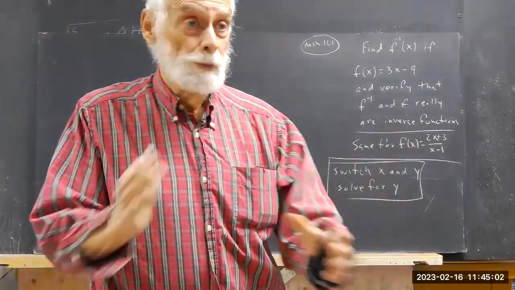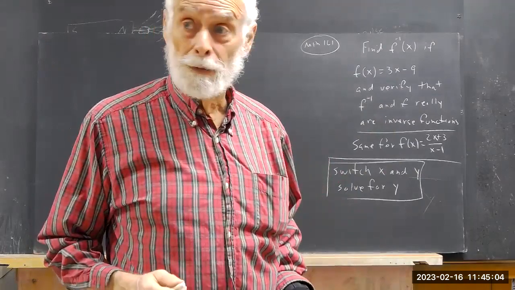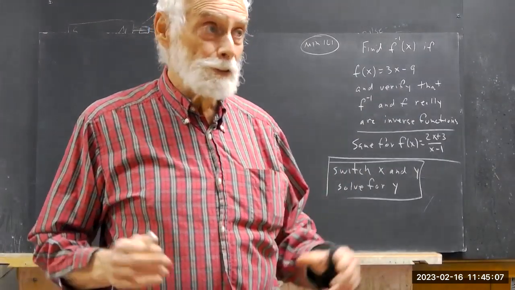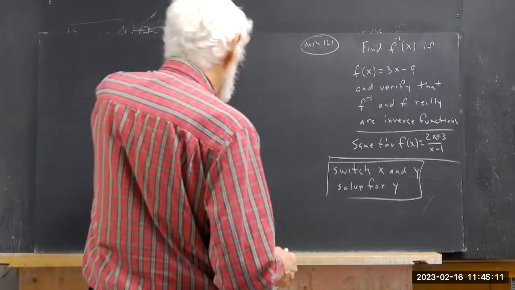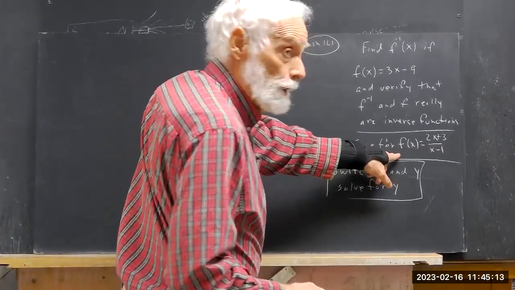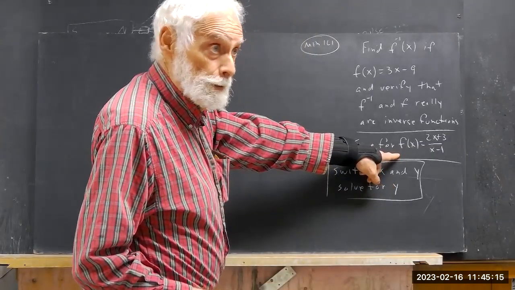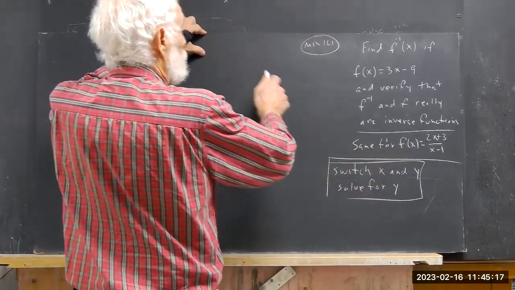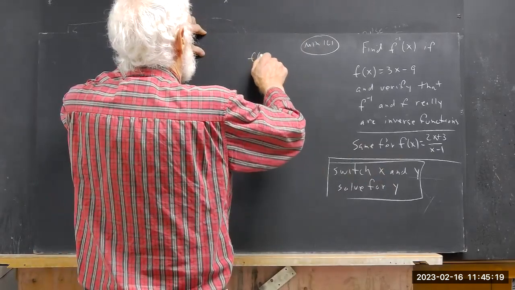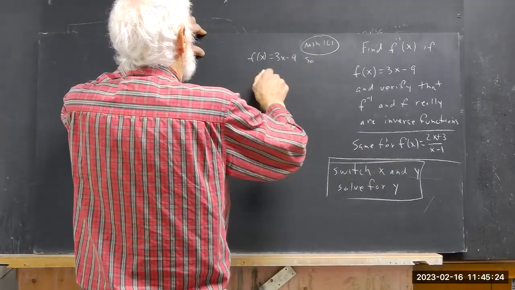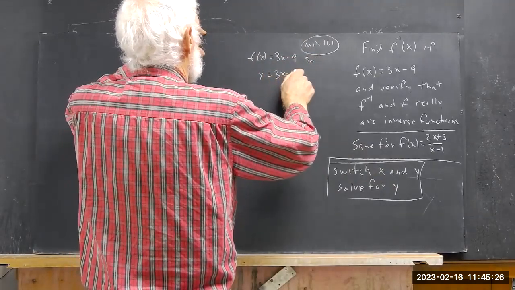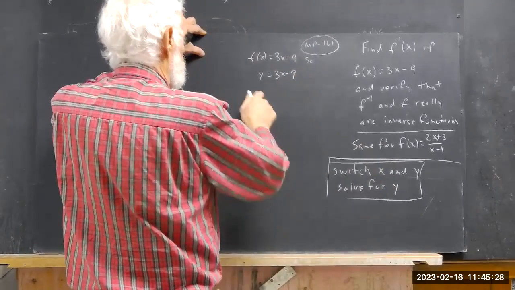You know about switching X and Y, we saw that in the graphs. Then the next step is solve for Y. I'm going to do this pretty quickly, and then I'll spend a little more time on the next one because the algebra there is pretty tricky. So the first one, f of x equals 3x minus 9, so y equals 3x minus 9.